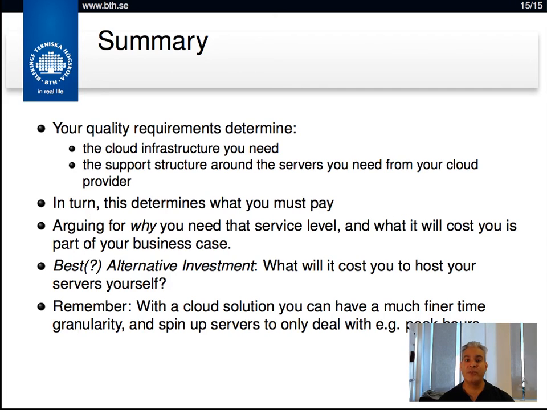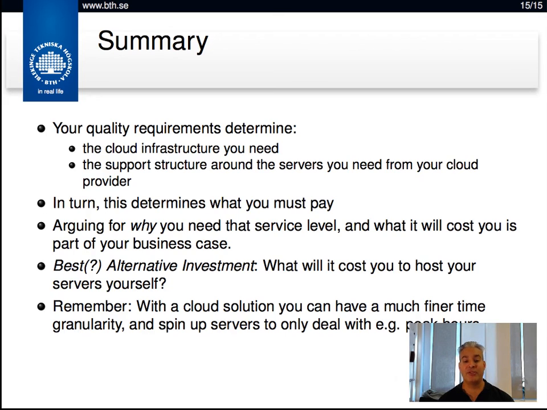And all of this together should be used to base your decision about whether you are going to the cloud or not, and which cloud provider you're going to use. All of this also determines what you must pay. So if you go for the cheapest option, you are less likely to get some of this support structure that you would like to have.